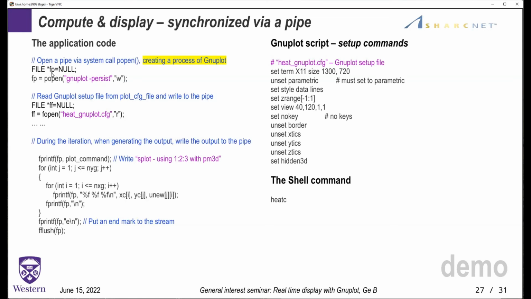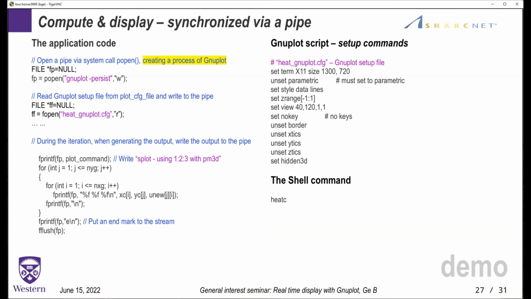So here on the left-hand side is the application program. All we need is to create, inside the application, a pipe and fork a Gnuplot process. It does two things.